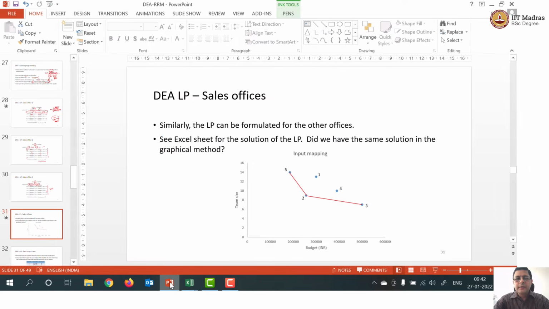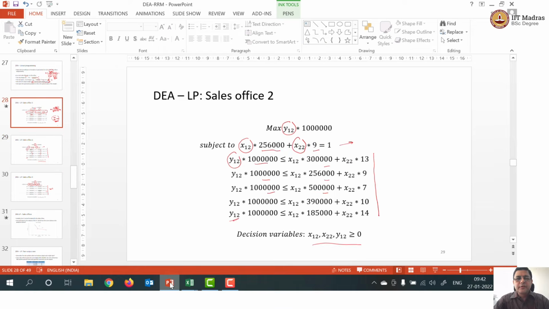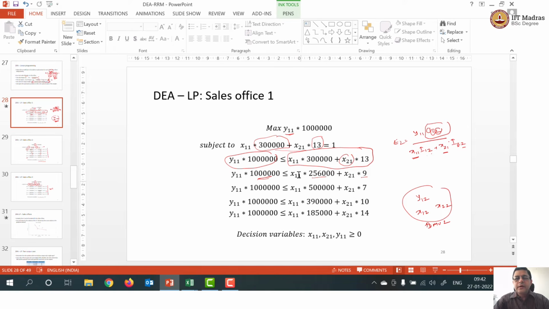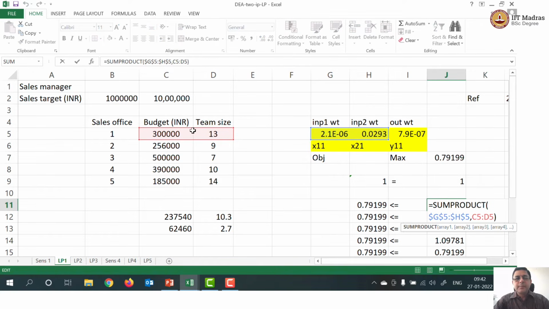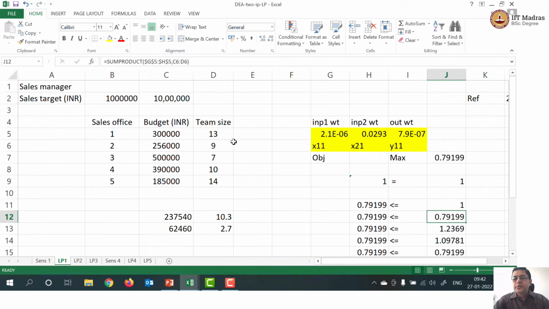If you recall, the right hand side for the first sales office was x11 multiplied by the input plus x21 multiplied by the input. And anyway you know that this is 1 because this was a normalizing constraint.